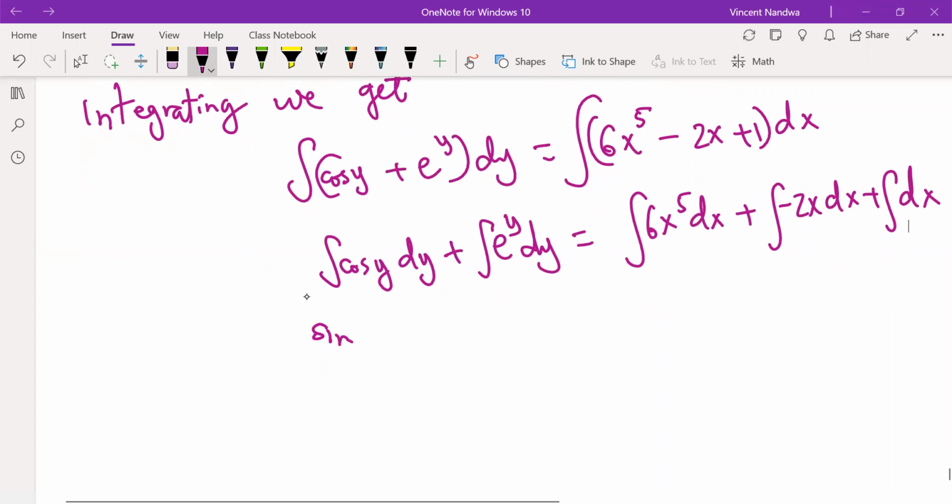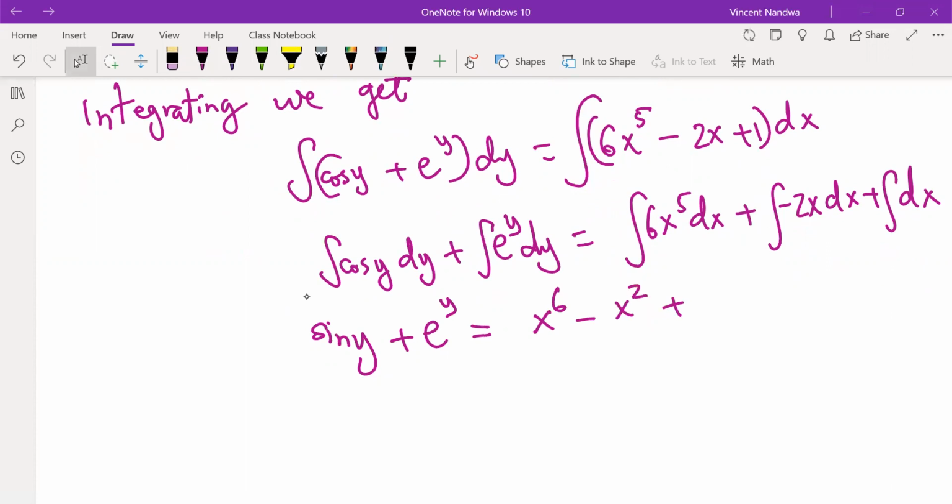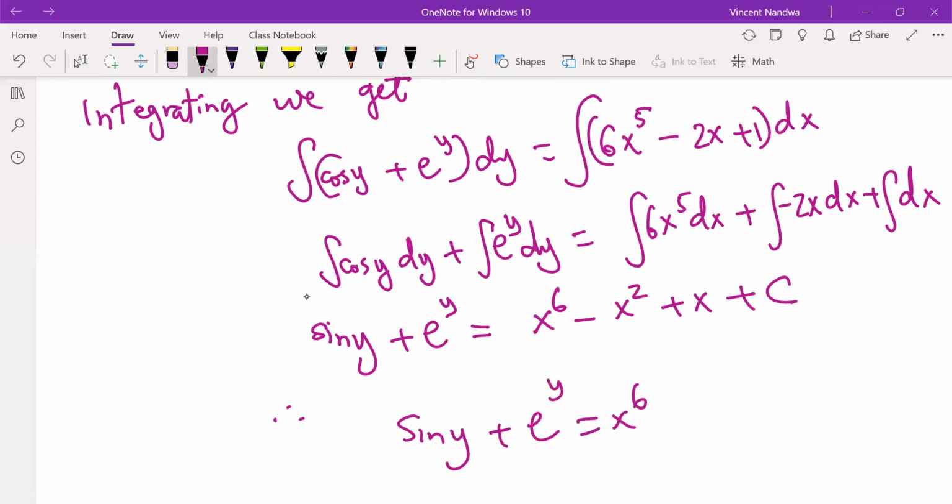This will give us sine of y plus e to the power y equals x to the power 6 minus x squared plus x, and then we add the constant of integration. So this will be the final solution for that given problem.